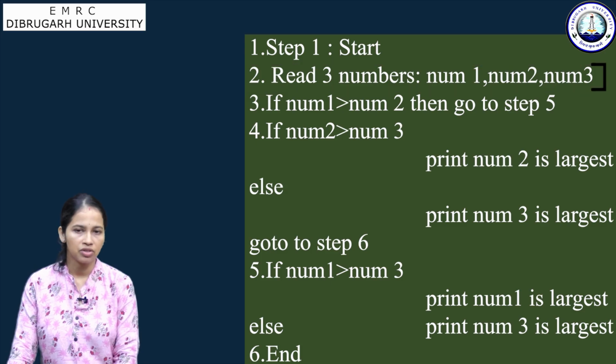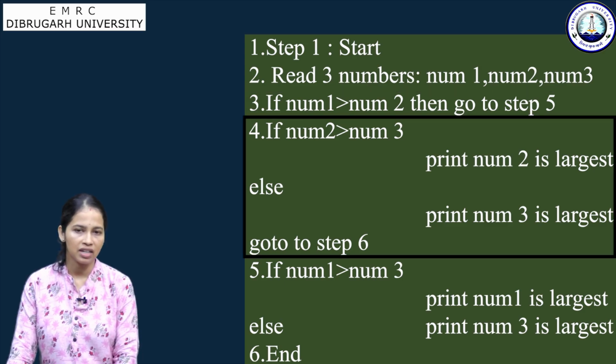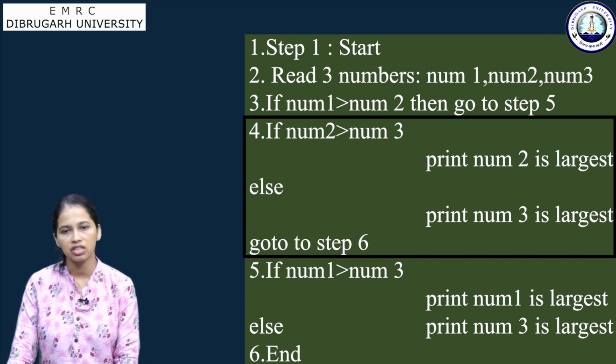Then in step number 3 I have written: if the first number is greater than the second number, then we will go to step number 5. Okay. And if the second number is greater than the third number, then we will print that number 2 is the largest, else number 3 will be the largest, and if this particular condition is not satisfied, then it will go to step number 6.